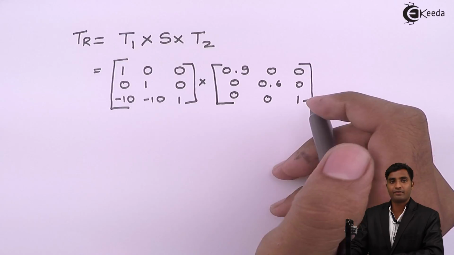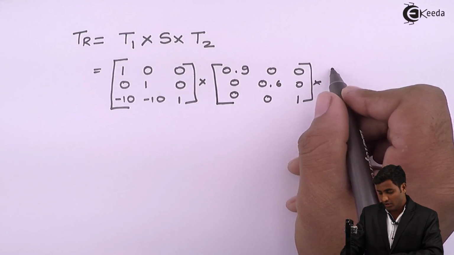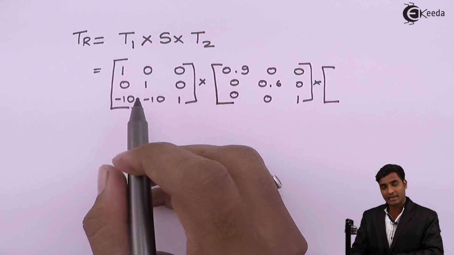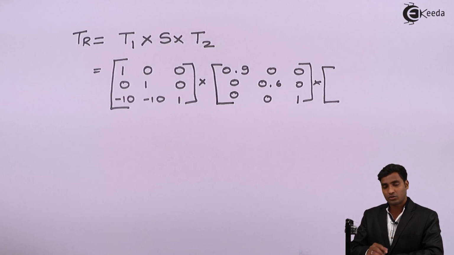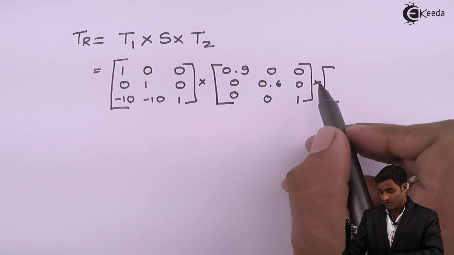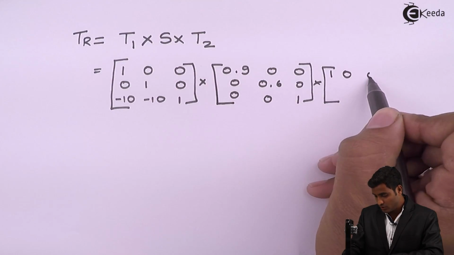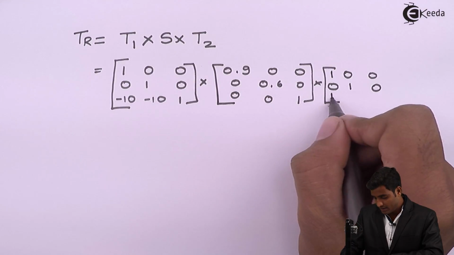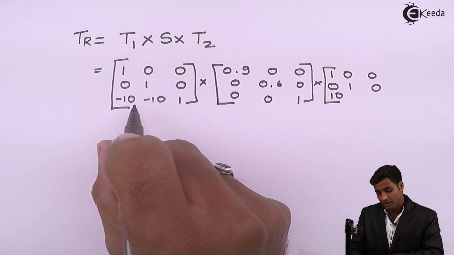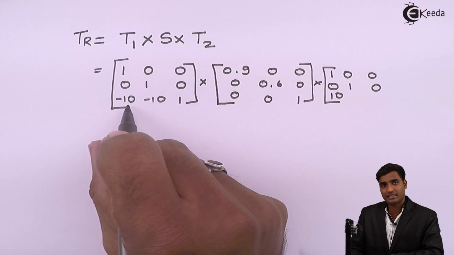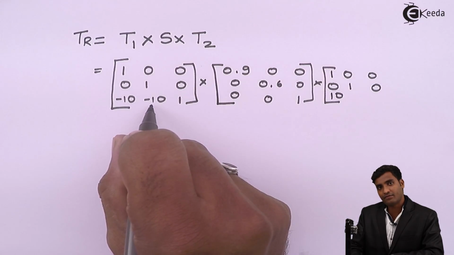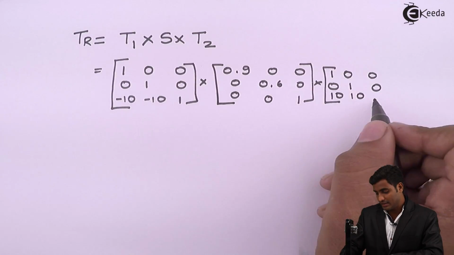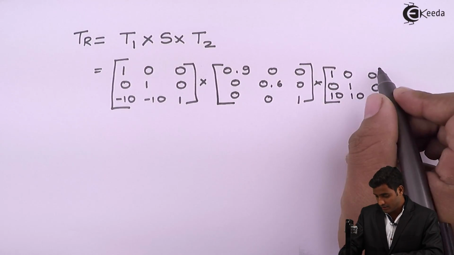And in the end we have done back translation, so I will write just the opposite of the translation. Earlier we did translation with -10, so we have to do the opposite of that. Just write 1 0 0, 0 1 0. Here it was -10, write here 10. This represents Tx in x direction, and this represents Ty in y direction. The opposite of -10 is 10, and the last is 1.